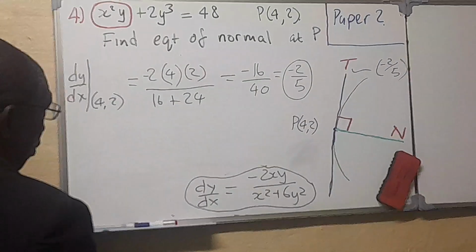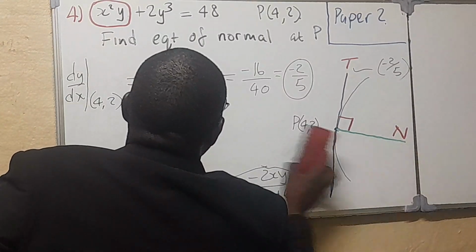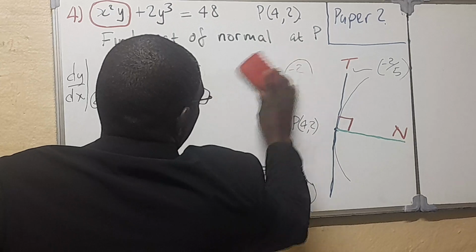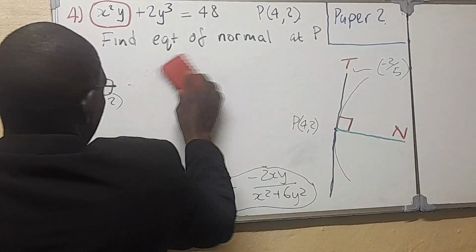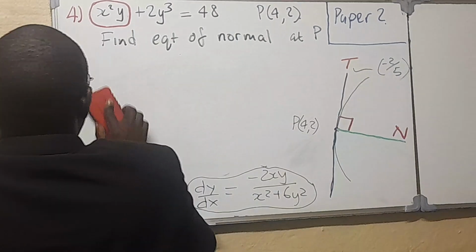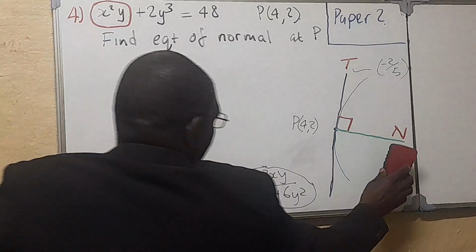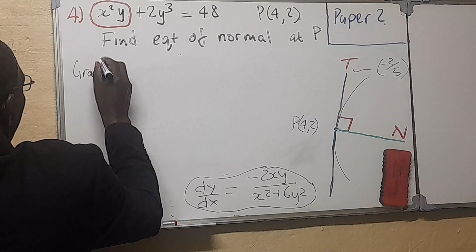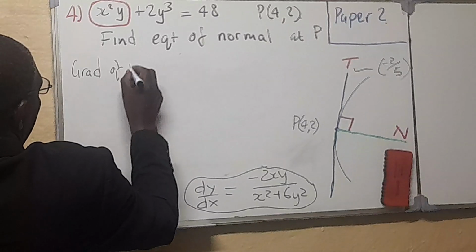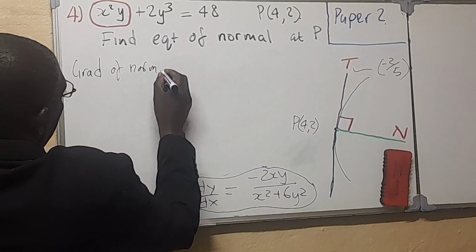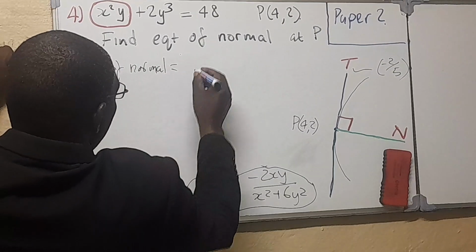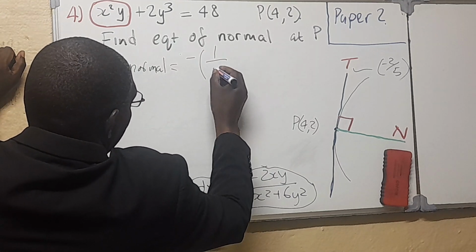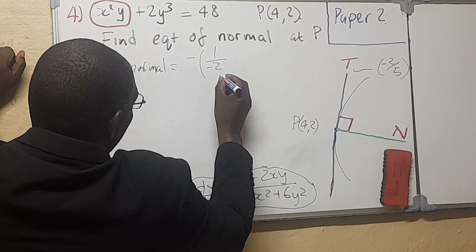So, again, I'll clear this part here. Okay, remember, this is the gradient of our tangent. So the gradient of the normal, I'll write in short, grade of normal, is equal to minus bracket 1 over minus 2 over 5.